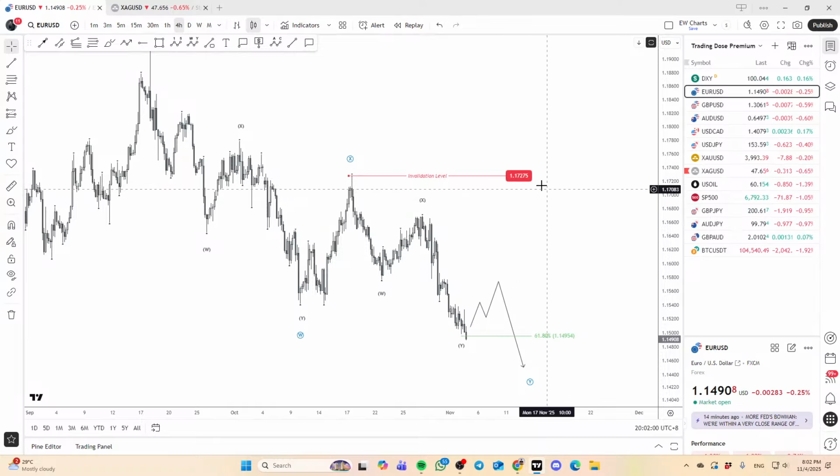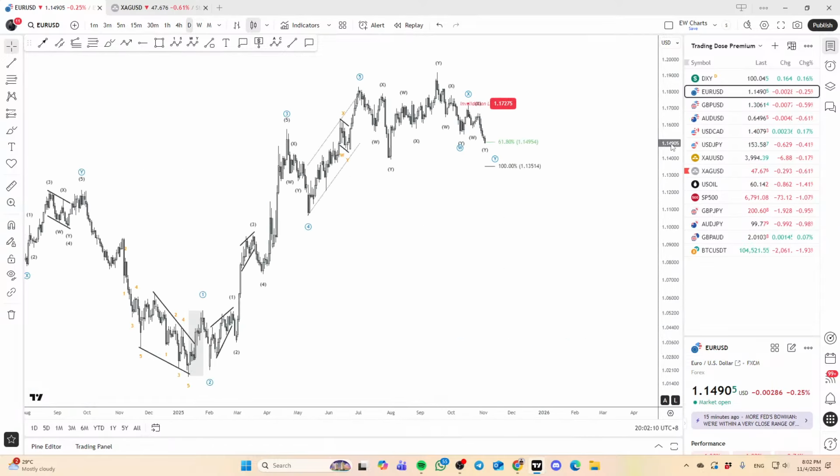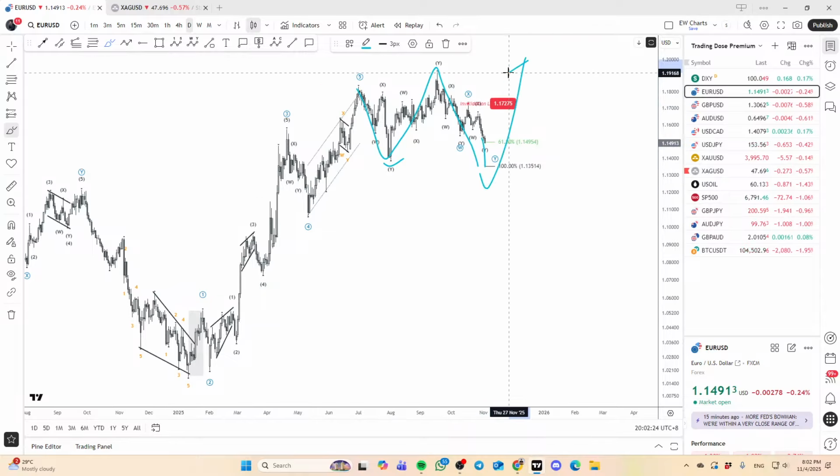Overall on euro dollar, we can see on a 4-hour time frame it's clearly in a downward trend in a way. If I bring you to the daily time frame, this opens up the possibility that it can actually come back down and tag this low. That would potentially open up what we know as an expanding flat structure for further upside.